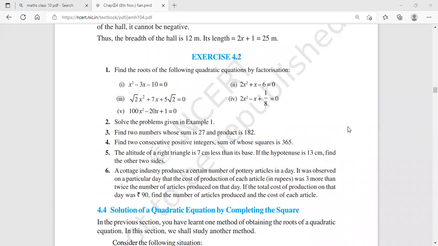In the next question, the altitude of a right triangle, that is right angle triangle, is 7 centimeter less than its base. If the hypotenuse is 13 centimeter, find the other two sides. Okay, the hypotenuse is 13 centimeter. Let's draw a right angle triangle and understand this.